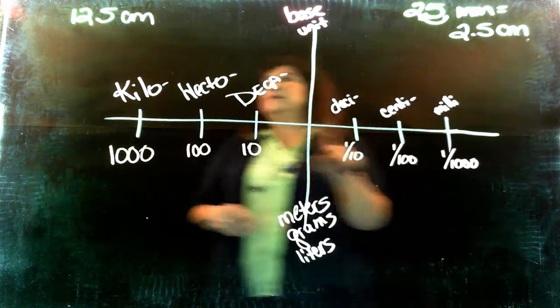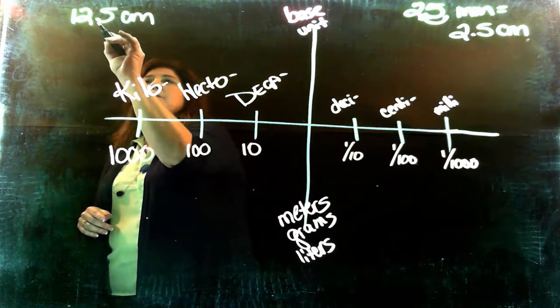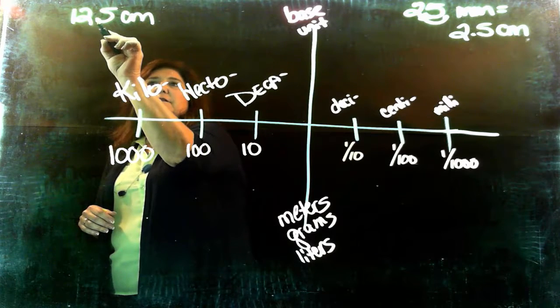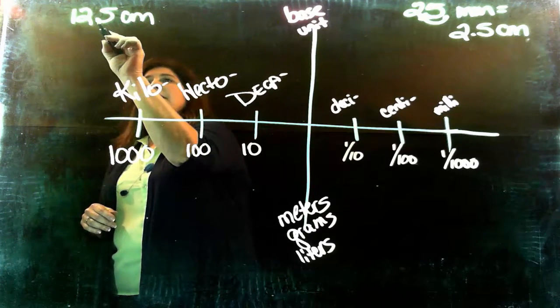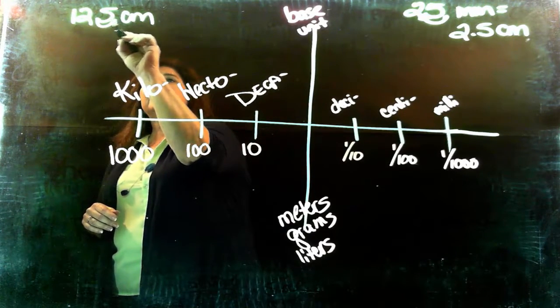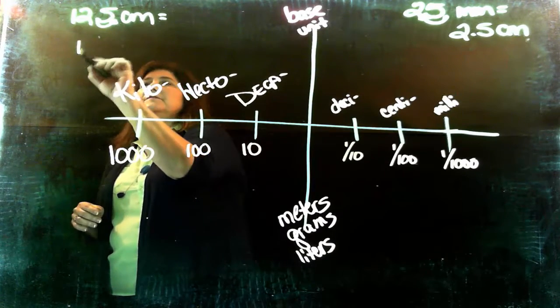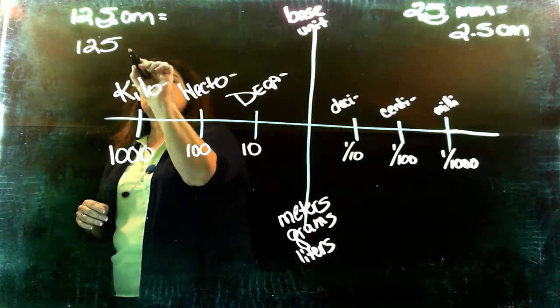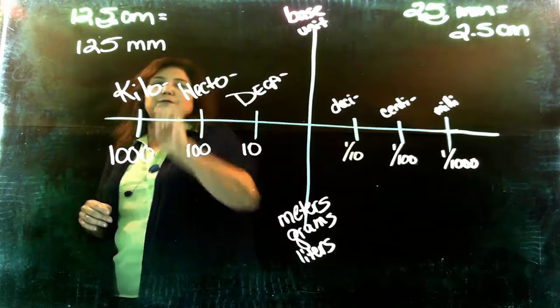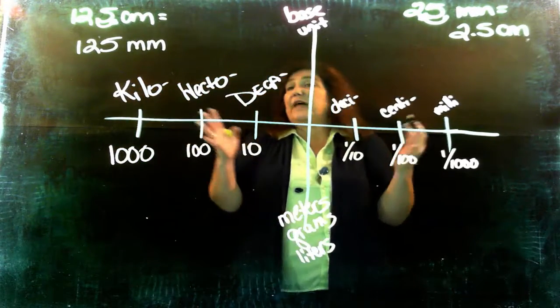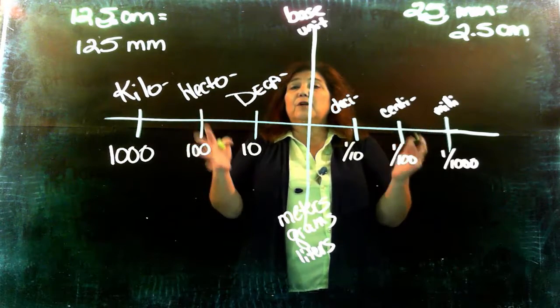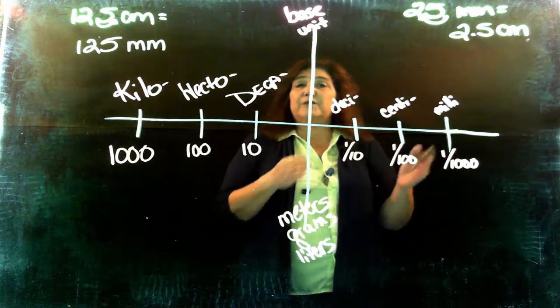So I find my decimal point at my 12.5, and I move that one place to the right. So now my 12.5 becomes 125 millimeters. Okay? So that's how you use the number line to convert within the metric system.